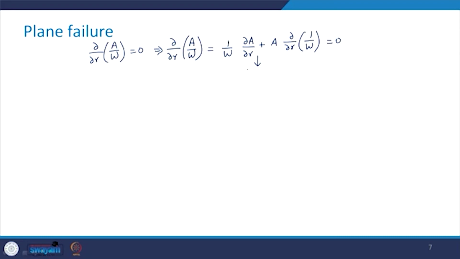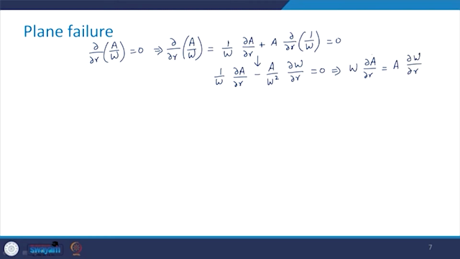So, what we will get from here is 1 upon W del A del r minus A upon W square del W del r equal to 0. So, this is going to give me W del A del r is equal to A del W del r.